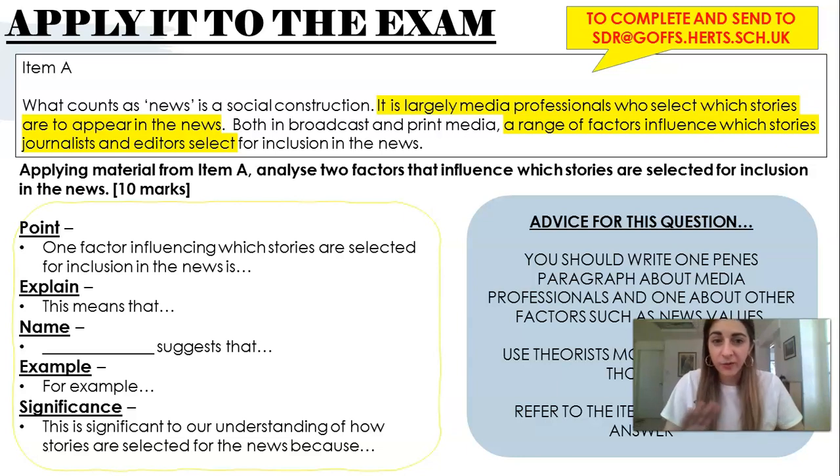So your first Penner's about media professionals and McQuail, and your second Penner's about Spencer Thomas and news values. And make sure that in each paragraph you use the item. If you don't use the item, you limit your marks in total. So if you don't use the item at all, you can only get 3 marks. So it's really worth you making sure that you include it in there.